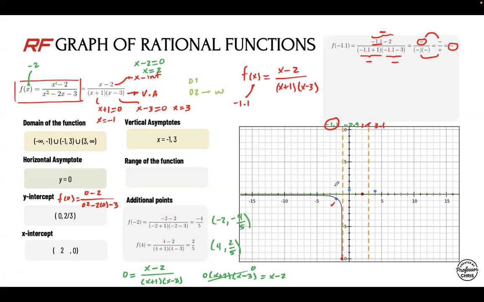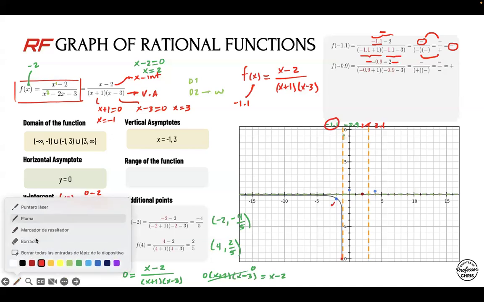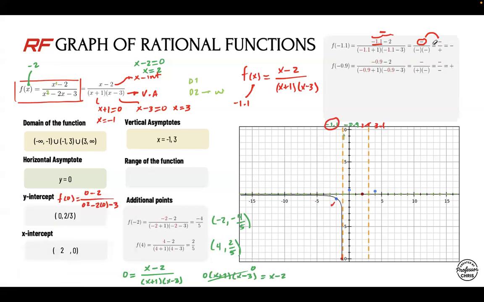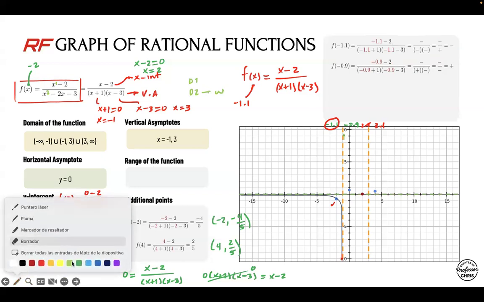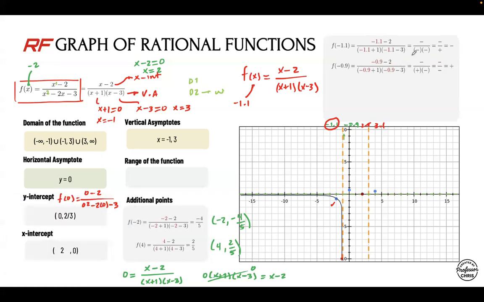Now I'm going to repeat this process by testing with -0.9. I substitute -0.9 into the function, and once again, I'm only interested in finding the signs. So this is a negative.